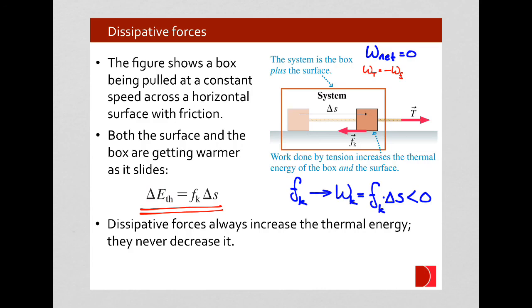When the energy becomes thermal energy, these dissipative forces are increasing the thermal energy of the system, but they never destroy the energy. The energy has to be conserved, but that energy is lost to us. It's not usable anymore. It's thermal energy in the system. And while it exists at a microscopic level, it is gone in the sense of being useful to us as a macroscopic kinetic energy of our block.